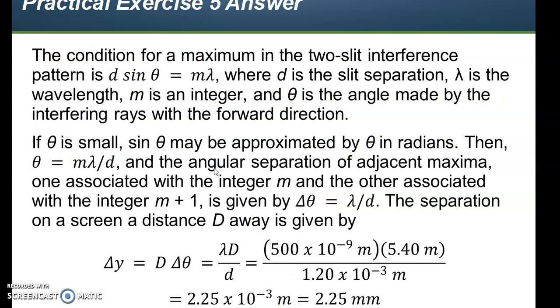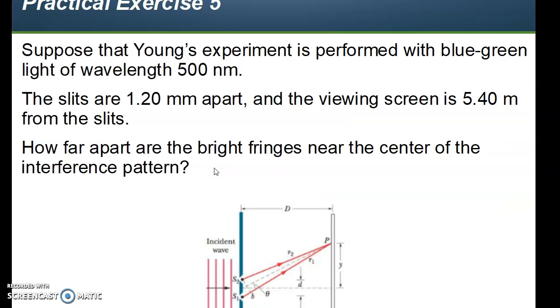Now, suppose that Young's experiment is performed with a blue-green light of wavelength 500 nanometers. So now we have a lambda value there. The slits are 1.20 millimeters apart. That's your small d. And the viewing screen, the big D, is 5.40 meters from the slits. How far apart are the bright fringes near the center of the interference pattern?